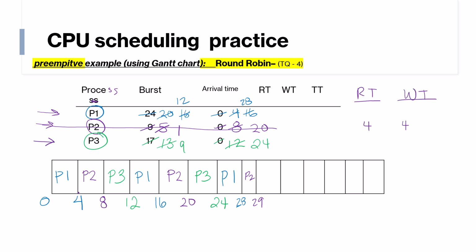P2 waited 4 as the first measure, then got there at time 8 and had to wait until 16, so it waited 8 more time units. Then it got there at time 20 and had to wait till 28, so it waited 8 more time units. So P2's wait time is going to be 16. Is that correct?